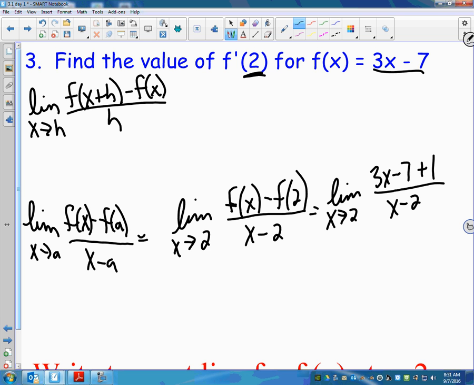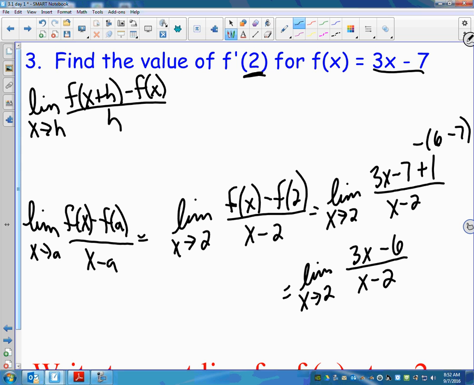Again, you could write 6 minus 7. That's another way to think about it. Compared to all the h stuff that we've been doing, this is why people really like this if you're taking the derivative at a point, because it seems like less room for error. Just some good old algebra practice here.